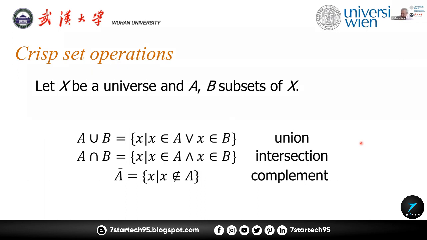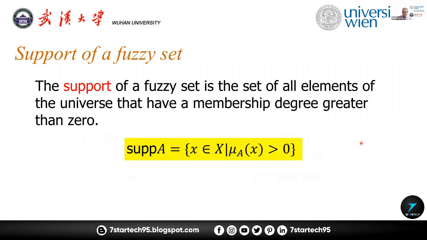in classical set theory. Now, for fuzzy sets, we have what we call the support. The support of a fuzzy set is the set of all those elements that have a membership degree greater than 0 to a fuzzy set.